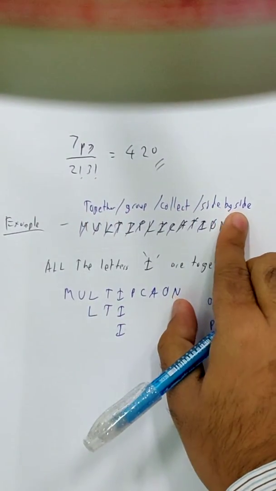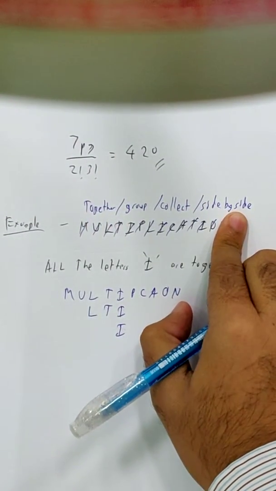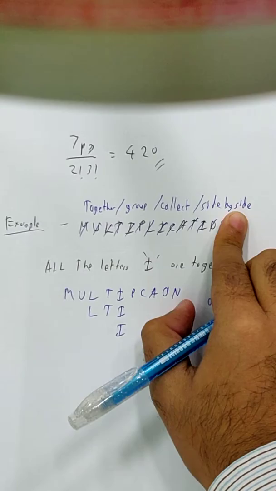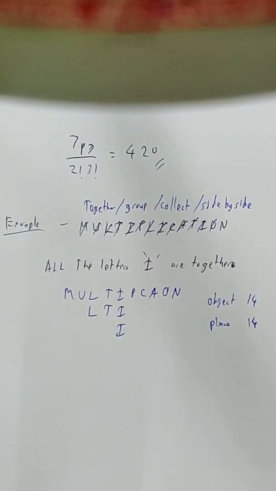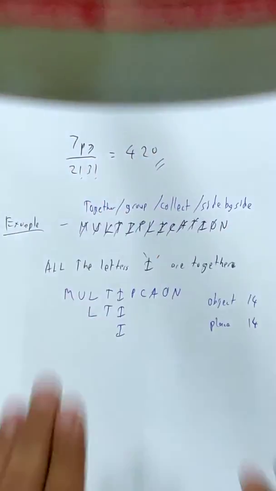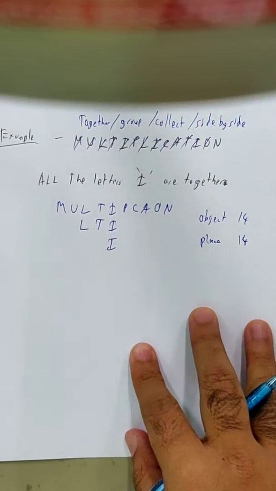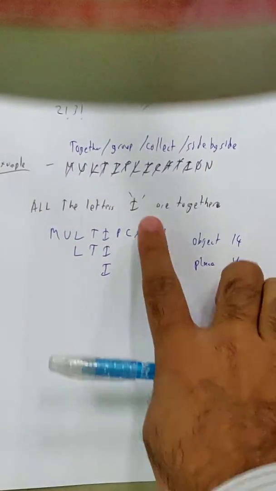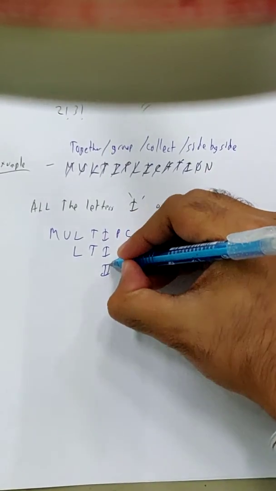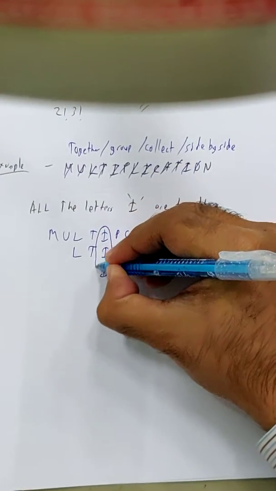Whenever you see this type of words, that means it's the same type of questions. Side by side, together, you know. Alright, so you want your I to be together, so that means here is your I. Let's group them up.